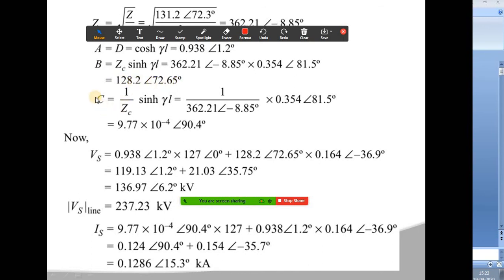In a similar manner you calculate the C. C value is 1 by ZC sinh gamma L. Again you substitute the values of ZC and sinh gamma L in this equation. You will get the constant C as 9.77 into 10 power minus 4, at an angle of 90.4 degrees. Now you have got all the ABCD parameters of the transmission line.